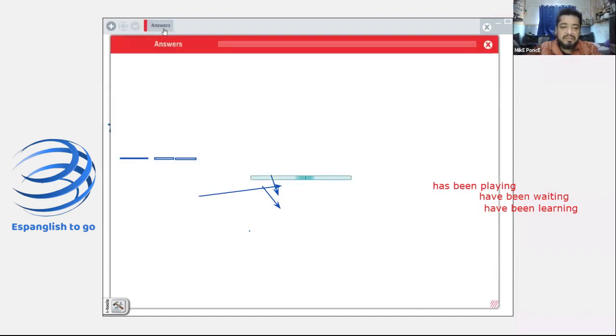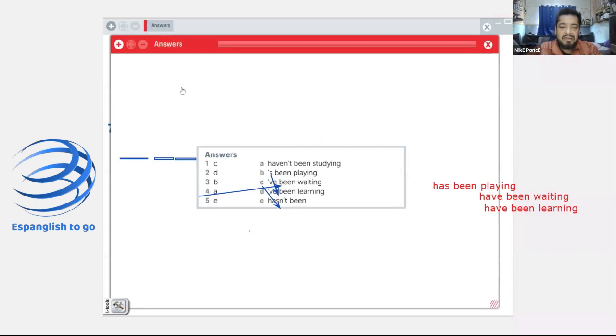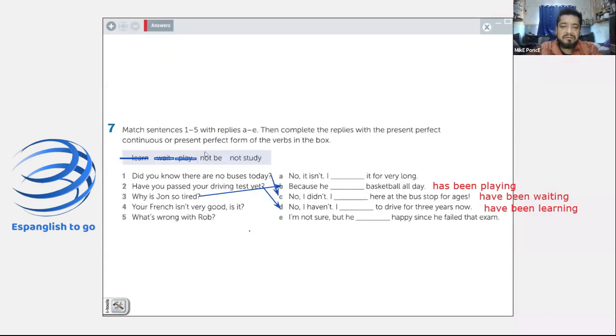Then if we check the answer for number 4, we have letter A, and studying in negative present perfect continuous. So here you should have written this on your answers. Well, first of all, your French isn't very good, is it?